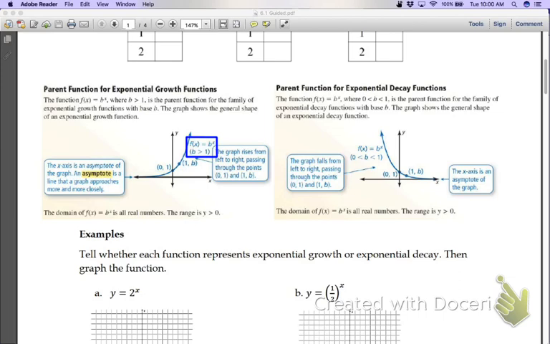Whenever I have this, I always have an asymptote. This says that the x-axis is the asymptote. I'm going to tell you something a little bit different. Your k value is your asymptote.